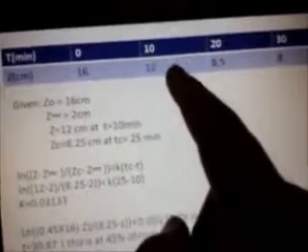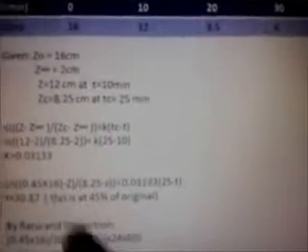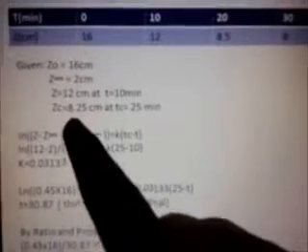So we pick this time 10, so the height is 12, and then the critical is where the line suddenly curves. So its value is 8.25 cm at TC equal to 25 minutes.